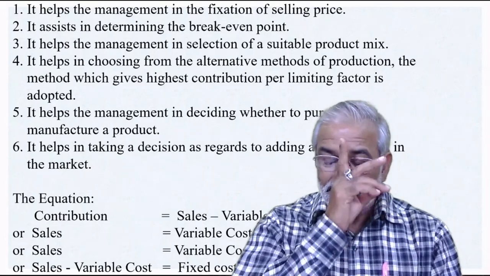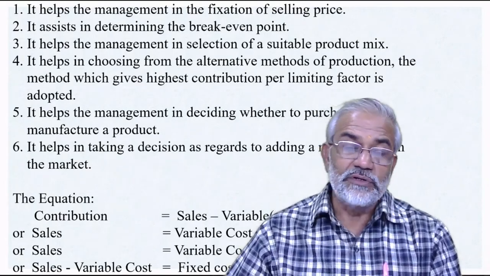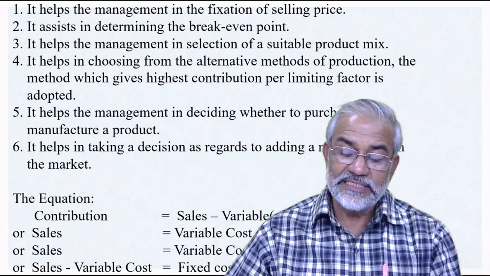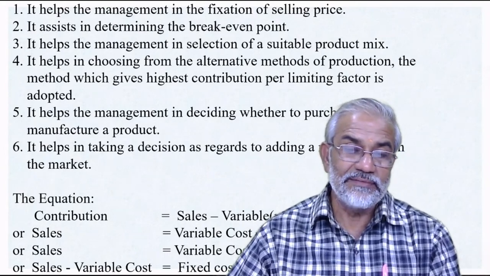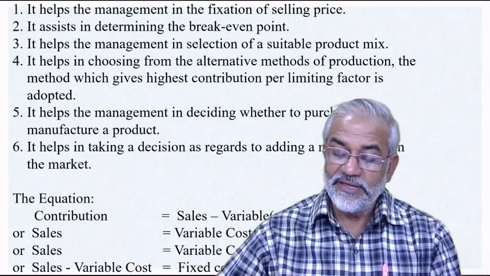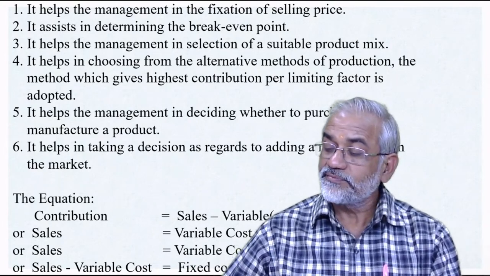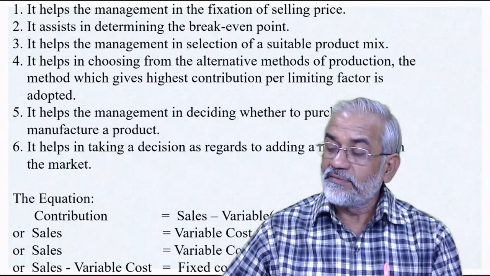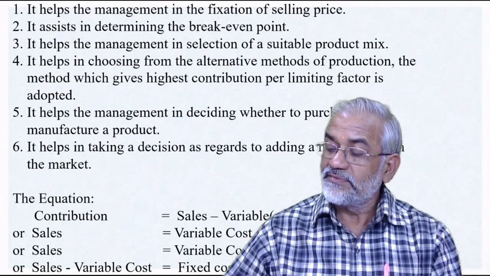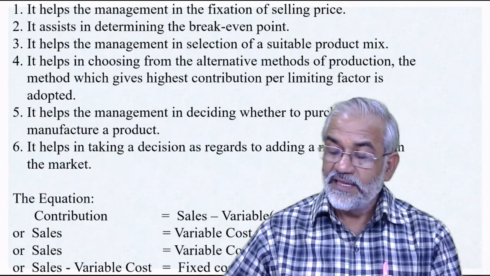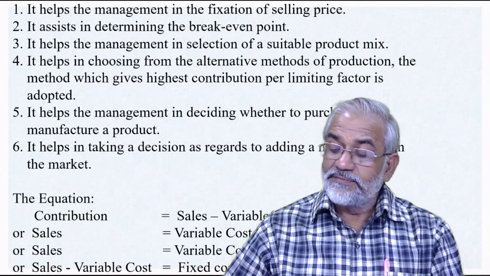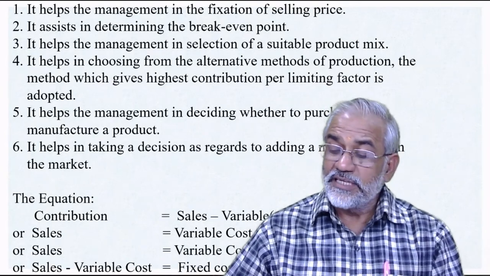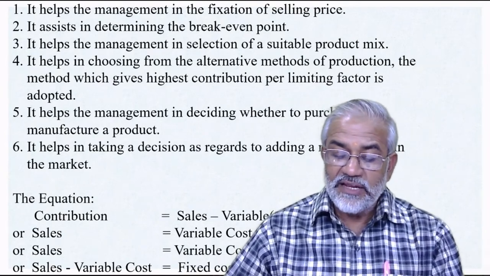Let us check. If 75 units are sold, then the selling price is rupees 12. So 75 into 12 comes to 900 rupees. And the cost would be, there are two types of cost here. One is variable cost and the other is fixed cost.